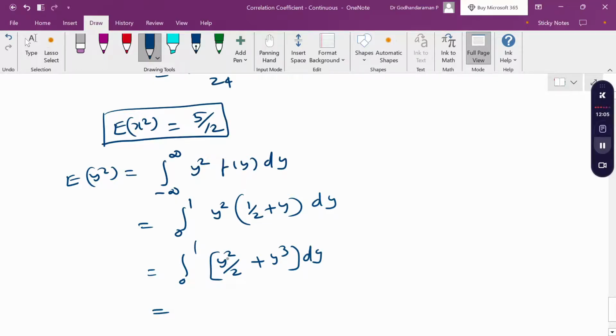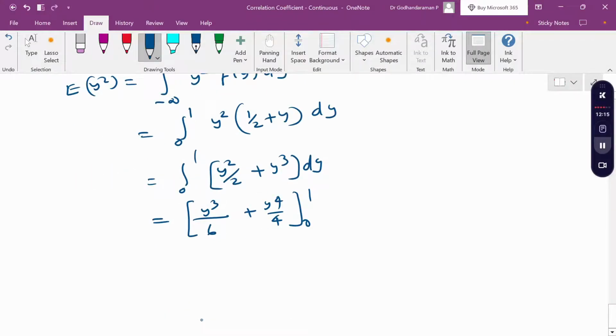When I integrate y square, y cube by 3, already over 2 is there, so 6, y power 4 by 4, 0 to 1. Substitute upper limit minus of lower limit, 1 cube by 6, 1 power 4 by 4, this is upper limit, minus of lower limit.